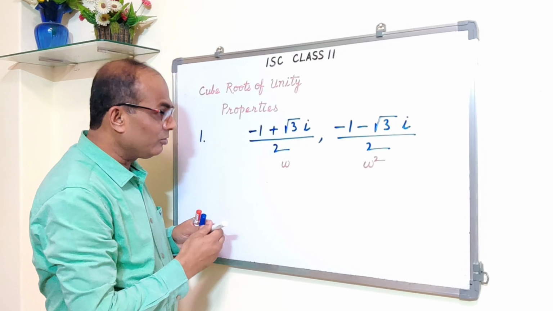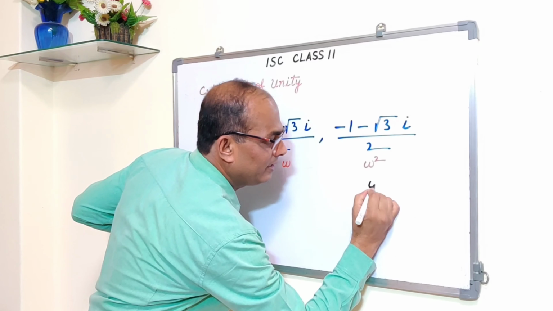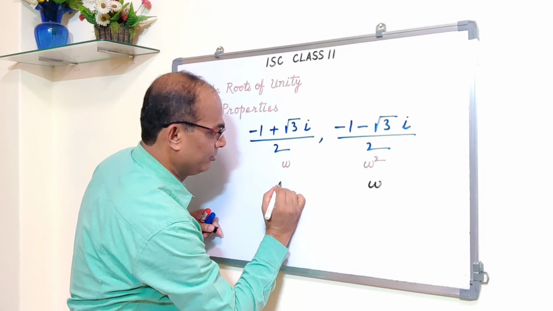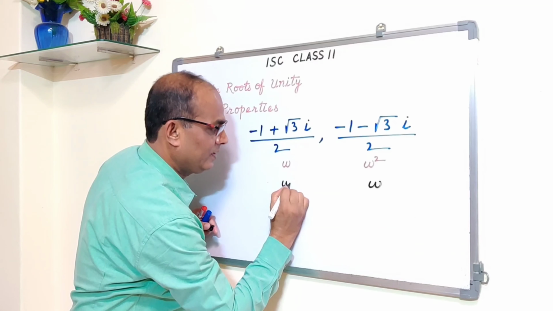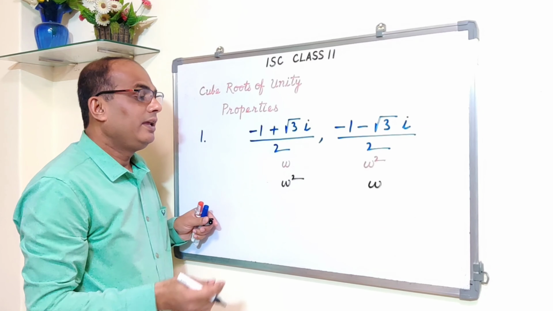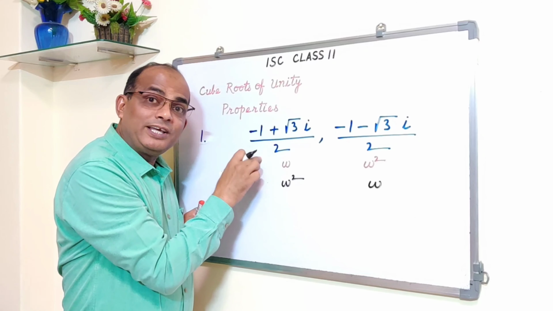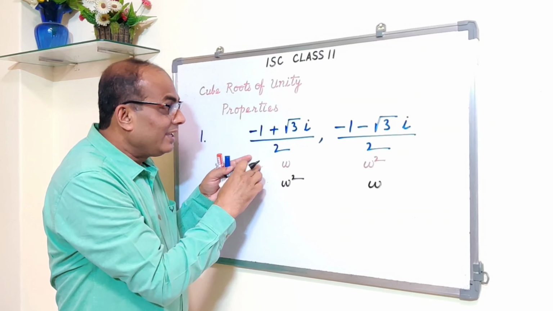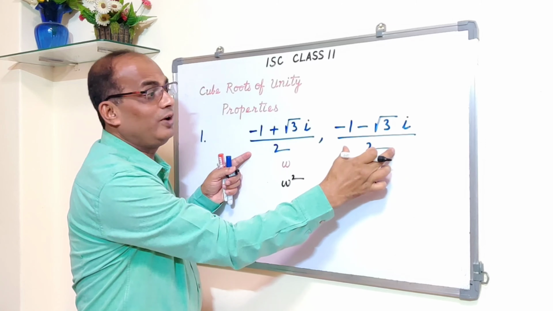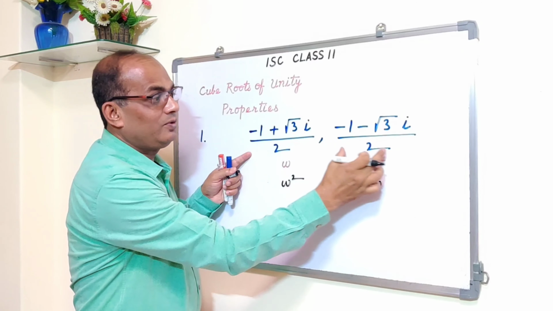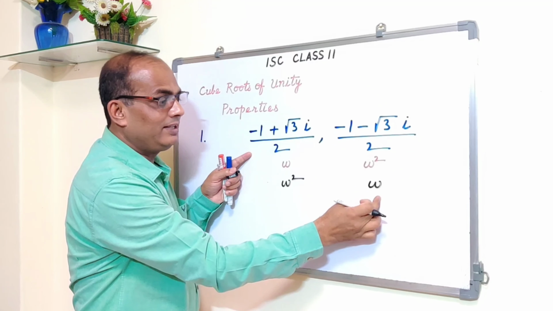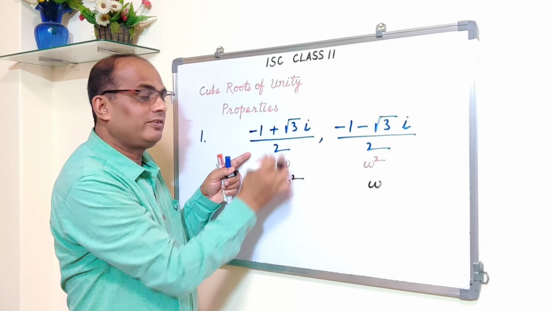And if you call this omega, then this will be omega square. The square of this is this, and the square of this is this.